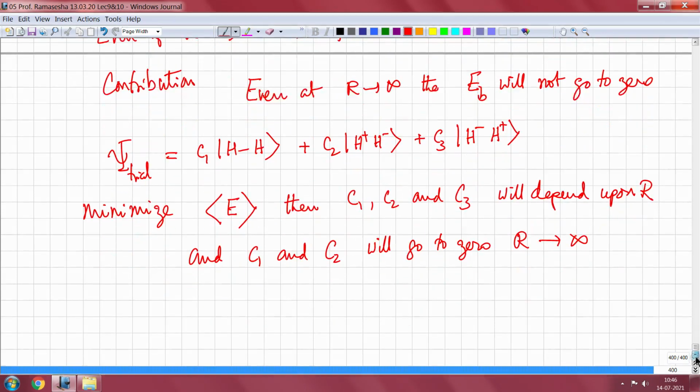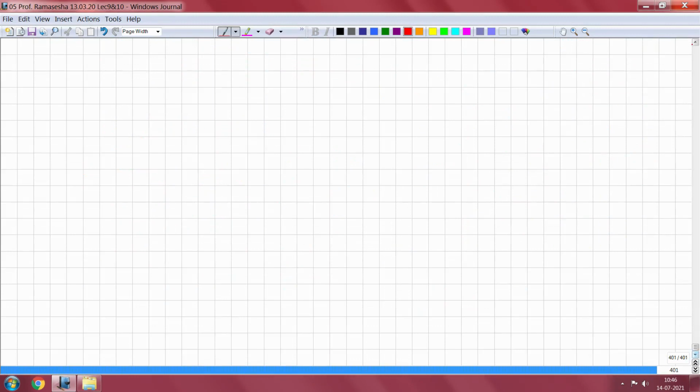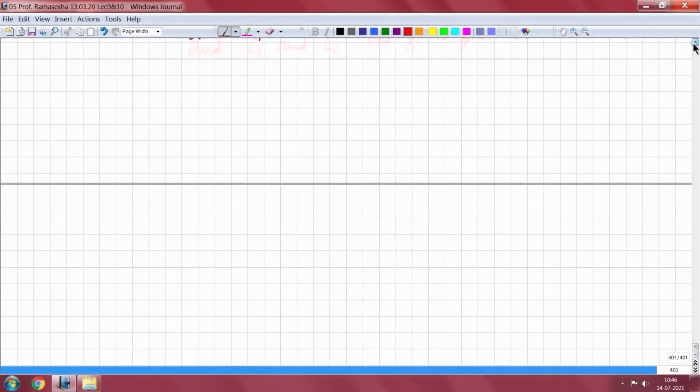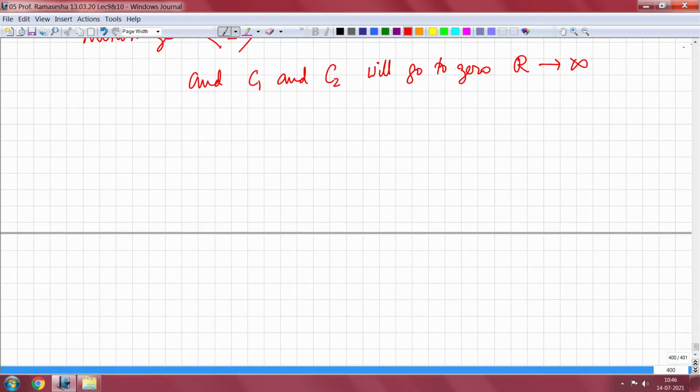So you have to do configuration interaction and you have to take into account the electron repulsions if you want to dissociate the hydrogen molecule correctly.